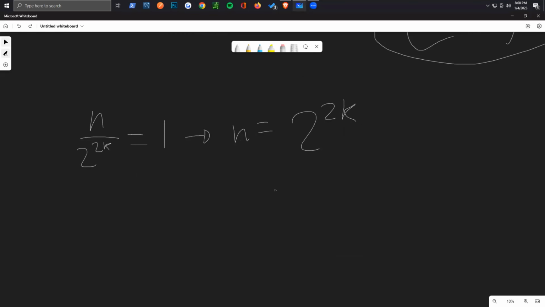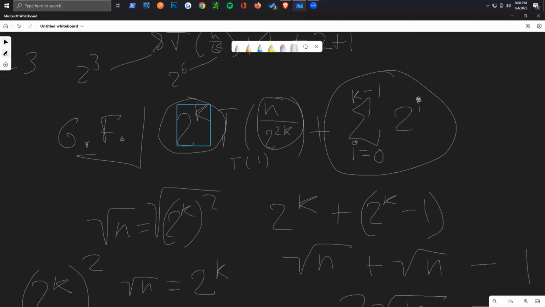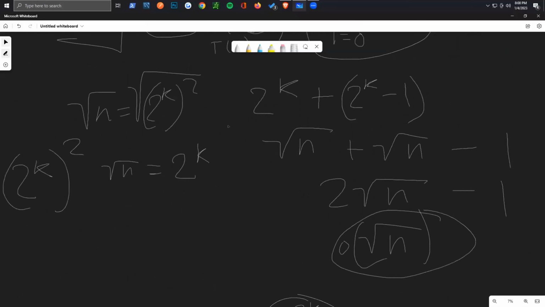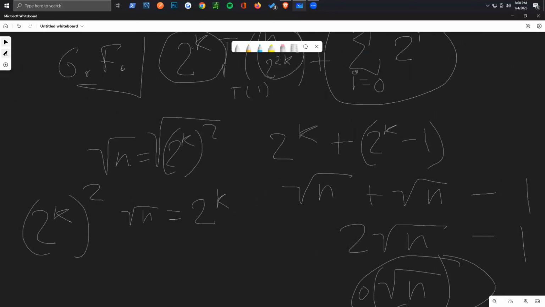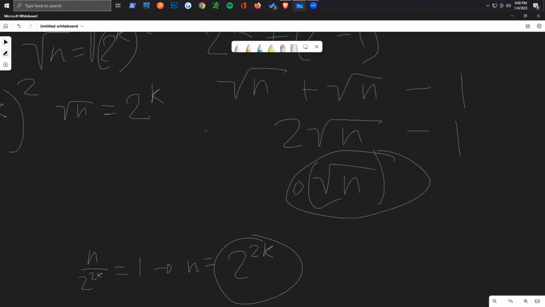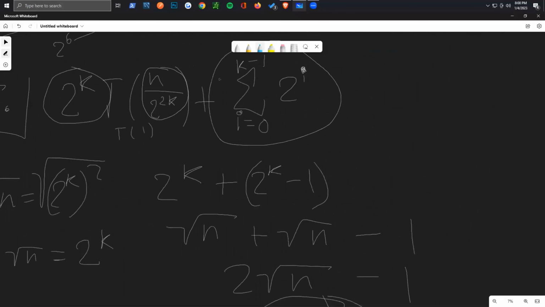Now, for us to get it into a way where we can substitute it, we have this term. It looks very similar to what we have in our general form, 2 to the power of k. But we can't actually substitute this in for this because it's just not the same term. So we also want to figure out what else we can substitute for this right here, which ends up simplifying out to 2 to the k.